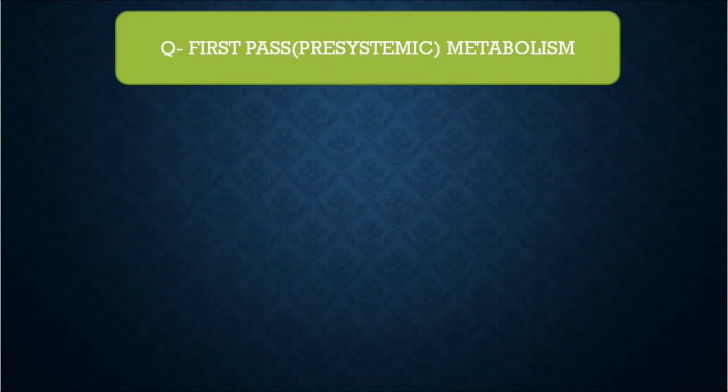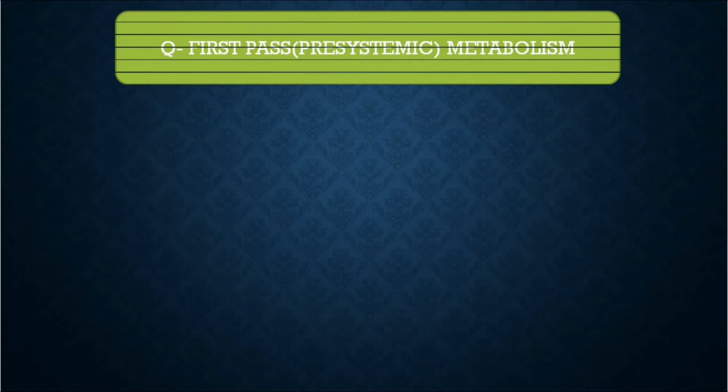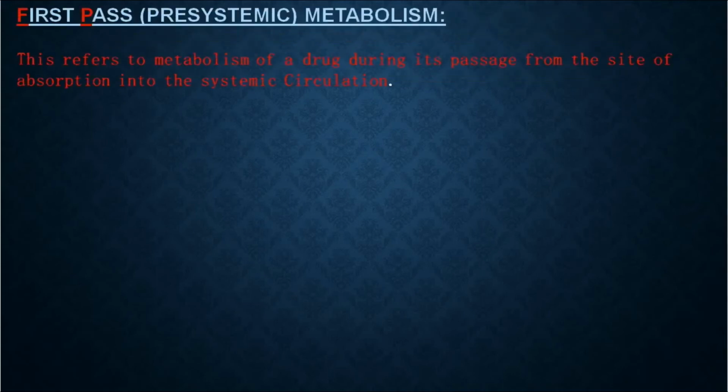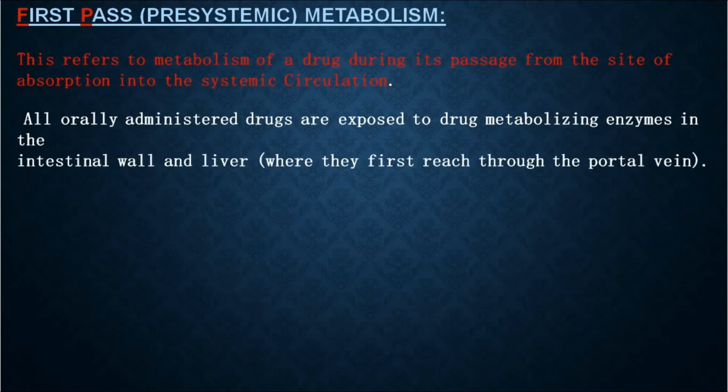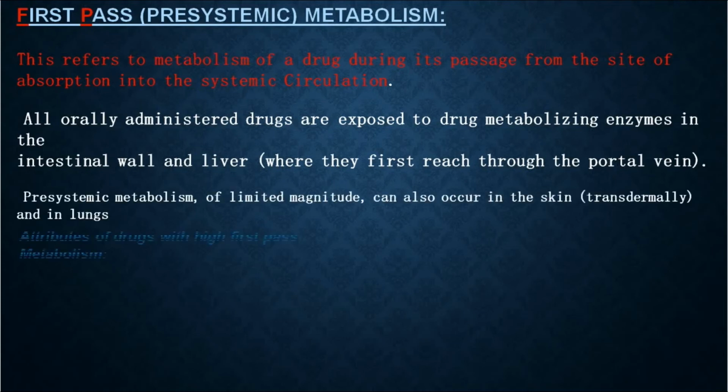Question comes on first pass or pre-systemic metabolism. It is the metabolism of a drug during its passage from the site of absorption into the systemic circulation. Orally administered drugs are exposed to drug metabolizing enzymes in the intestinal wall and liver, where the drug first reaches through the portal vein. It occurs to a limited magnitude in skin in case of transdermal patches, and in lungs.